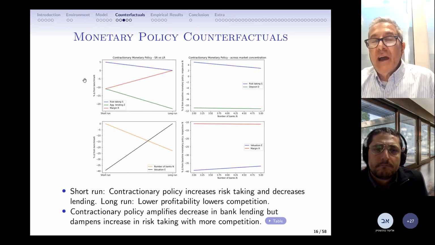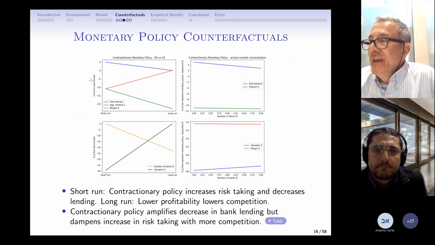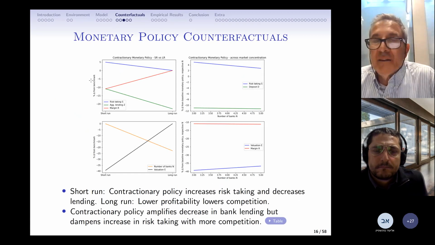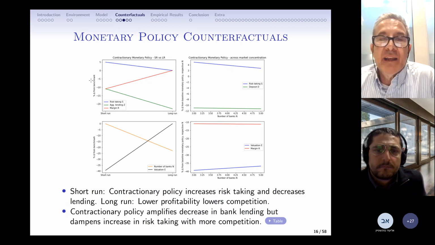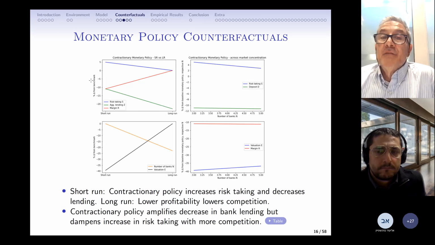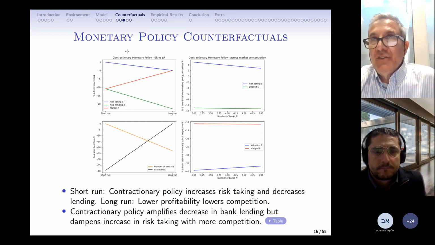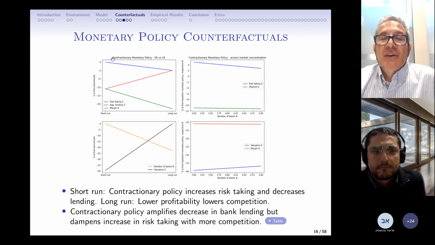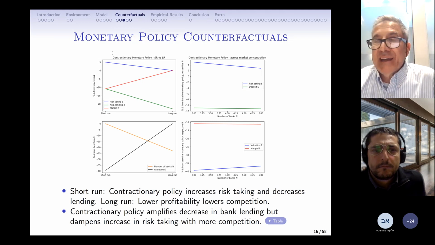I don't think this is a model that's good for speaking about how monetary policy affects inflation, but I do think it's important that when policymakers are running contractionary monetary policies, for instance, it can in fact affect market structure. And that's all running through the impact on borrowing costs.